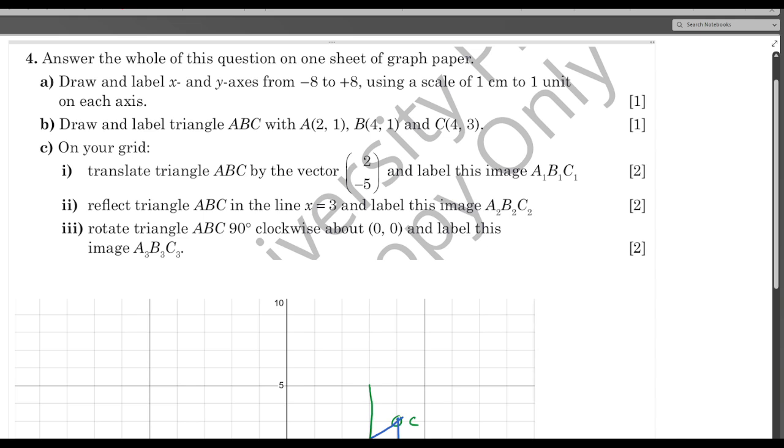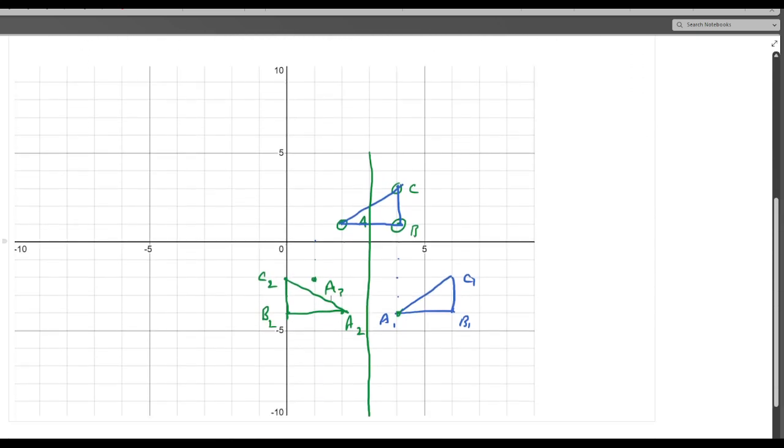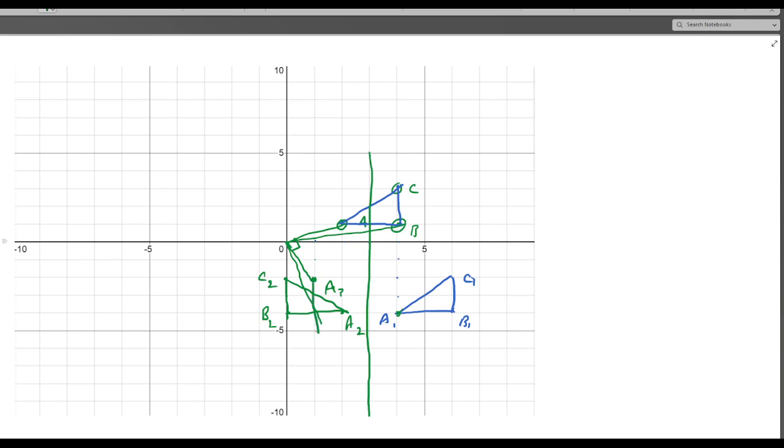Rotate triangle ABC clockwise about origin. Okay, we have to rotate about origin. So there is a 90-degree rotation like this, clockwise rotation. And this angle will be rotated like this. This is your A3, this is your B3 and C3.